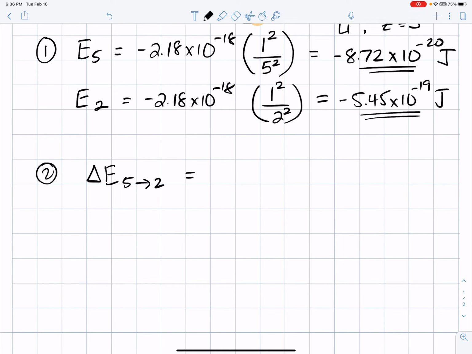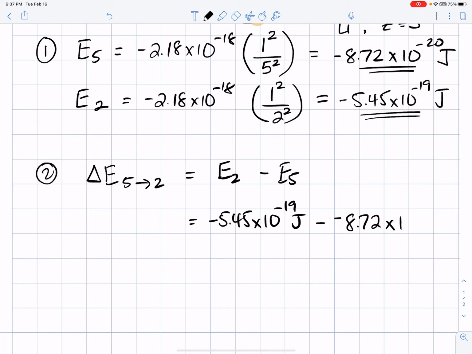So since we're ending up in level 2, E2 is going to be our final level. We started in level 5, so that's our initial level. Take the two numbers we just calculated: E2 is negative 5.45 times 10 to the minus 19 joules, and subtract E5, which was negative 8.72 times 10 to the minus 20 joules.